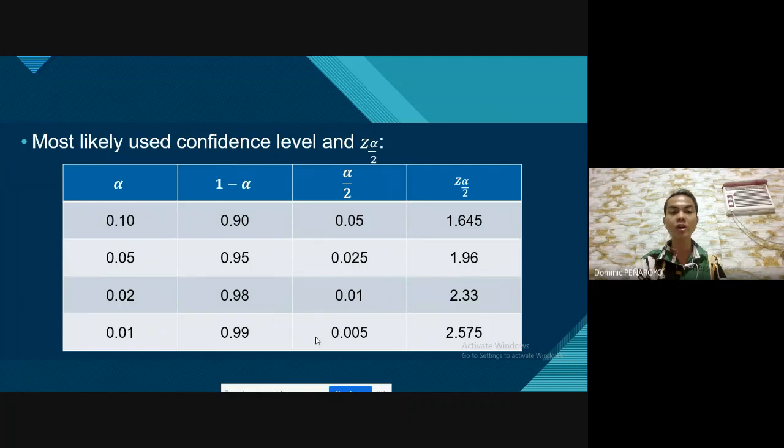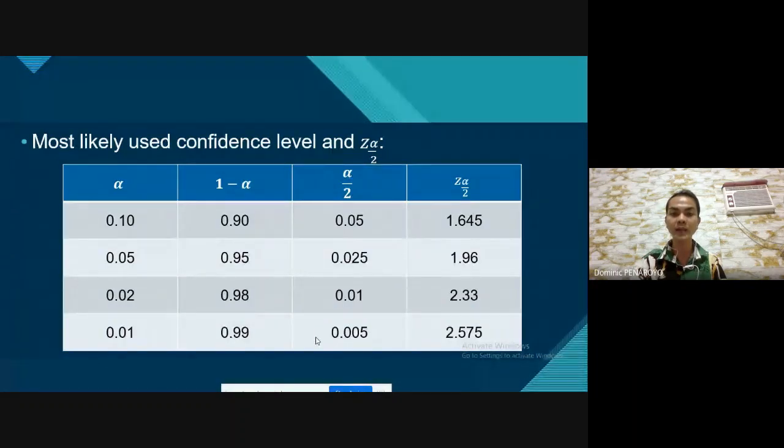You can also call alpha the level of significance, or significance level. So the significance level alpha is 0.10. And as you all know, the area of the normal curve is equal to 1.